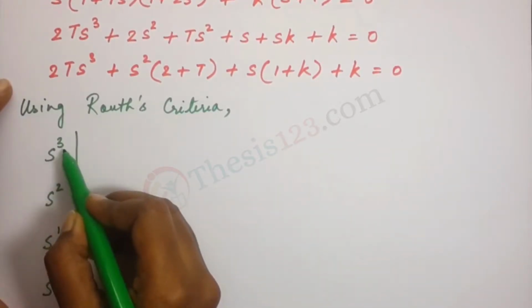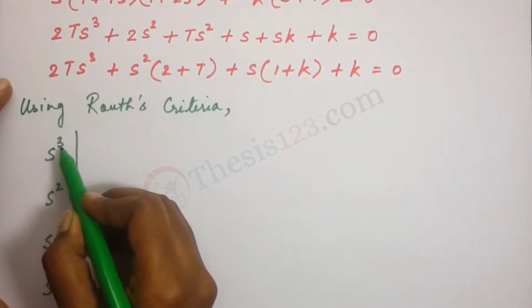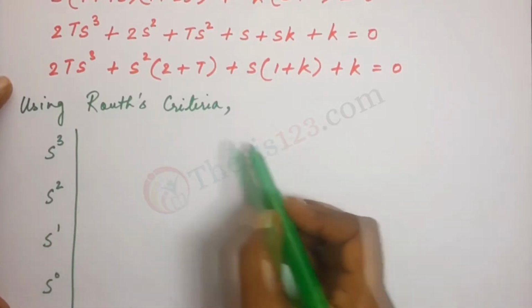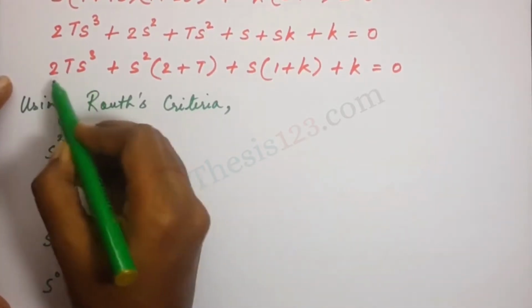So we have s cube here. Now s cube, cube 3 is an odd number, so we write down the coefficients of the odd terms here. So the coefficient of s3 is 2t.